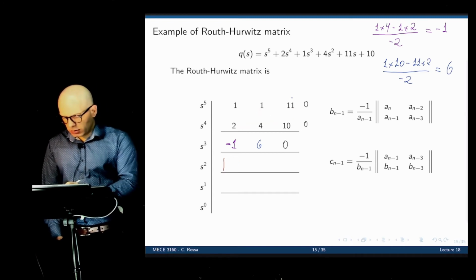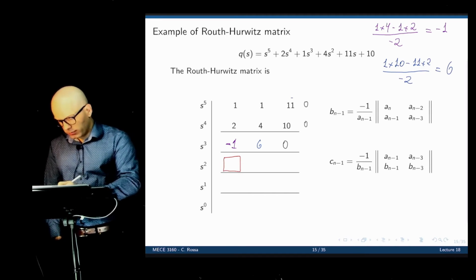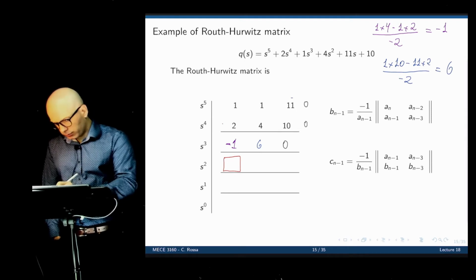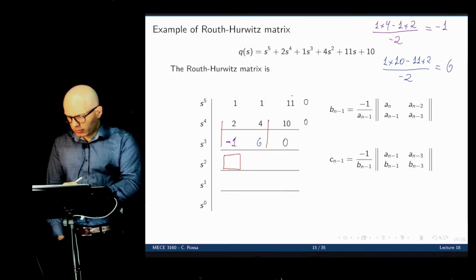So now let's do this element down here. For that one, now we move everything down by one line when you're dealing with this and that. So what is the value here?